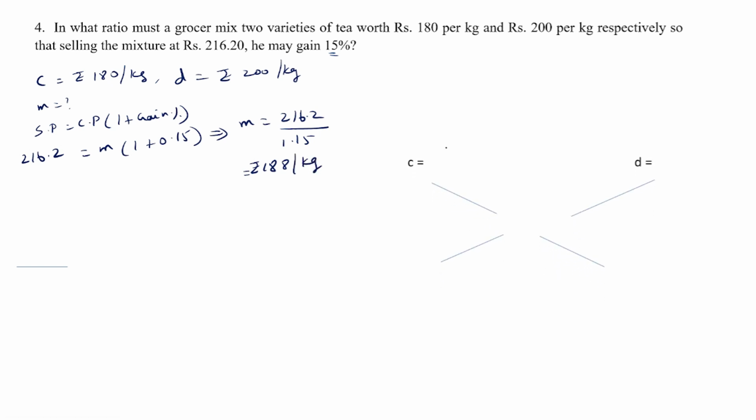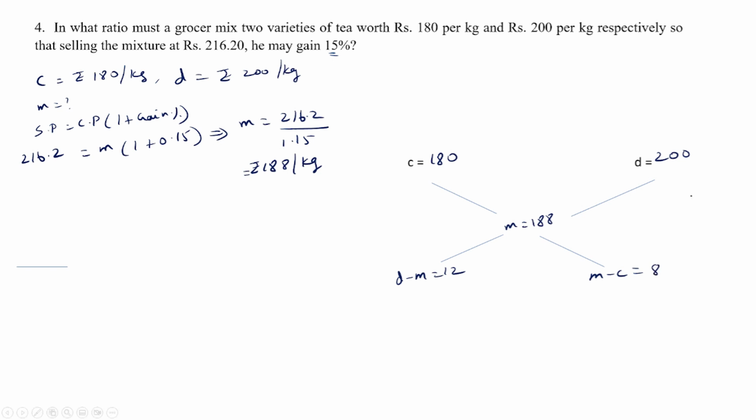So if we draw the cross, C is 180, D is 200 and M is 188. So we have D minus M, which is 200 minus 188, which is 12. Then we have M minus C, which is 188 minus 180, which is 8.